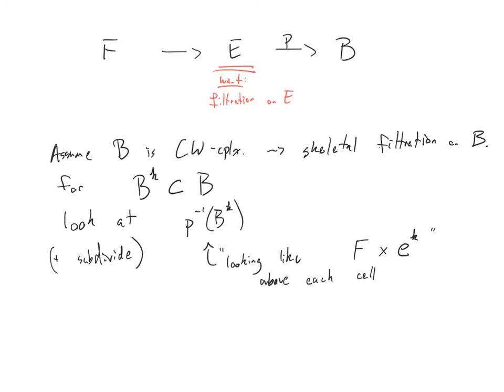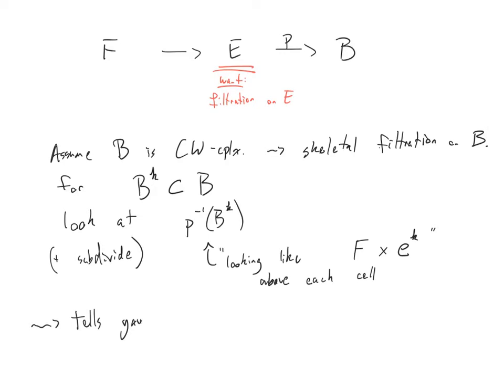But essentially what you're doing is you're now giving E a not quite cellular filtration, because rather than attaching cells, I'm basically telling you how to build E as a CW complex, but where your cells look like F cross the ordinary cell.